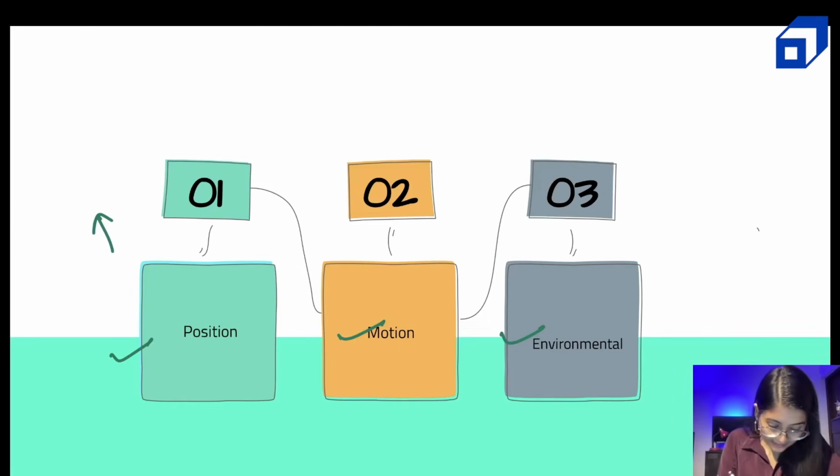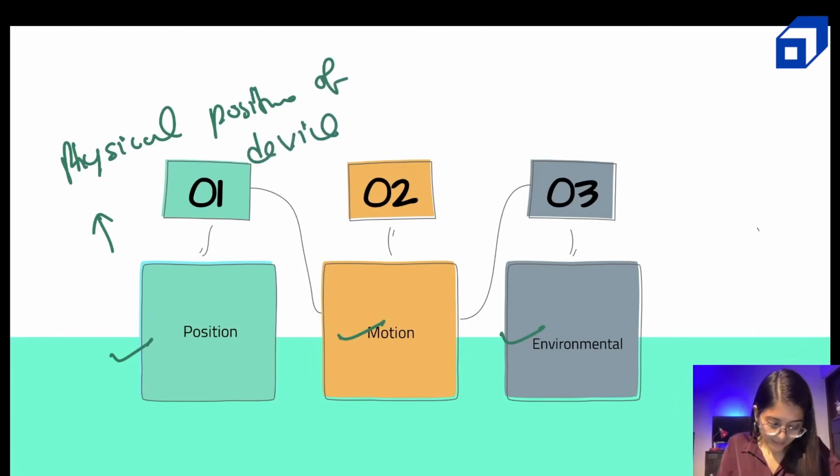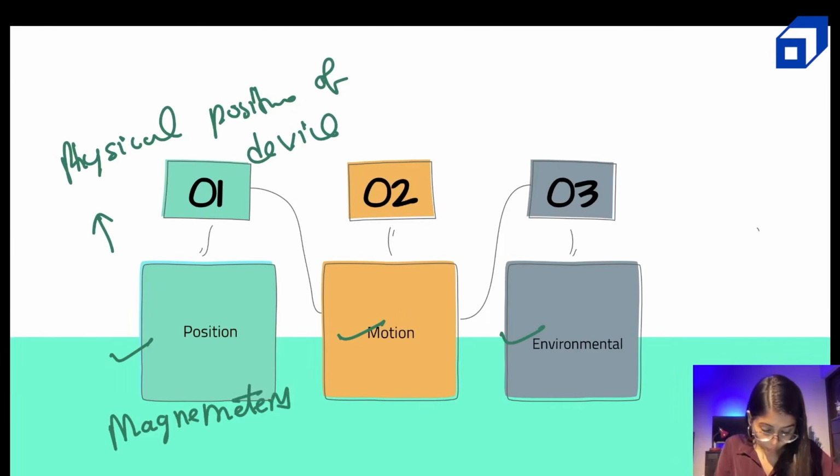Okay, so the position sensor is used to measure the physical position of the Android device. These include orientation sensors or magnetometers. If you talk about motion sensors, these include gravity, rotational activity, and acceleration sensors.